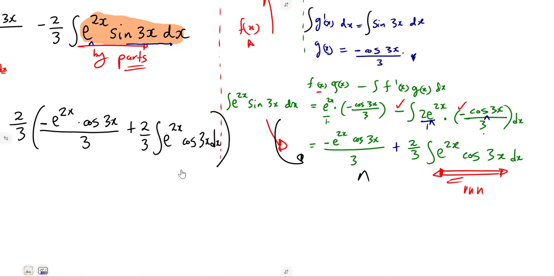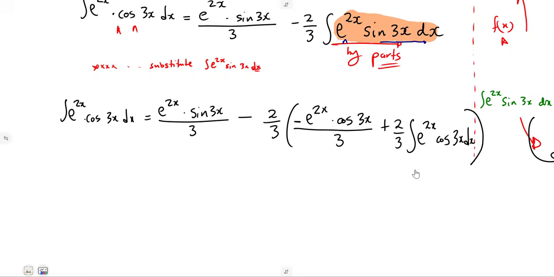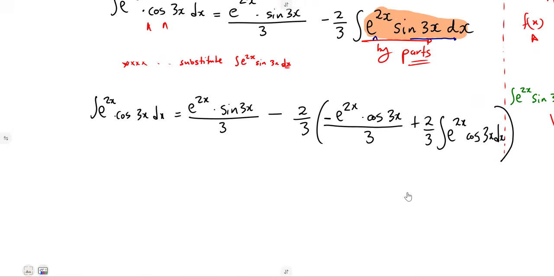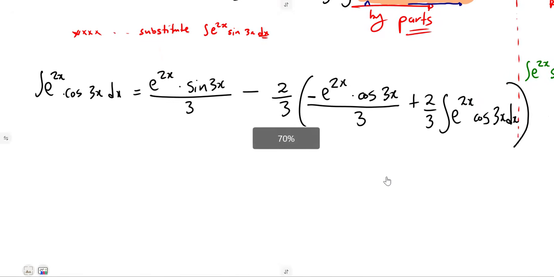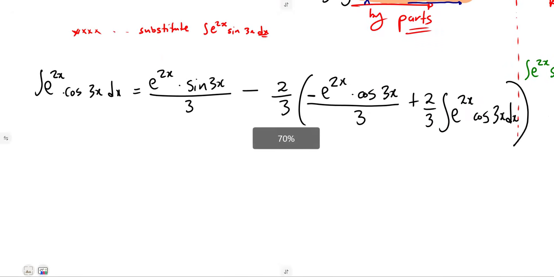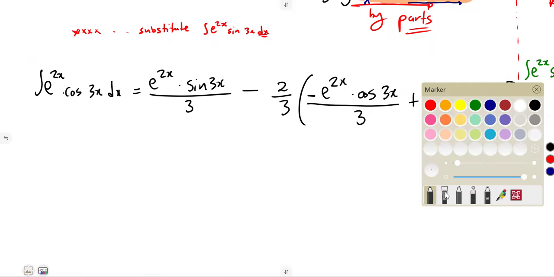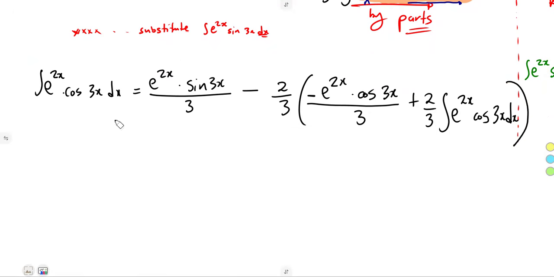So that was the integral we needed. So we can combine everything, guys. As we can see, what we need here is to see this integral, e to the exponent of 2x cos 3x, separate on its own, because we have it also on this other side.